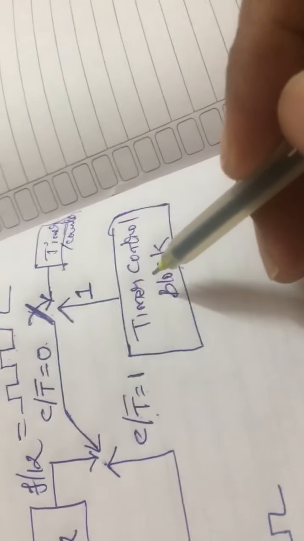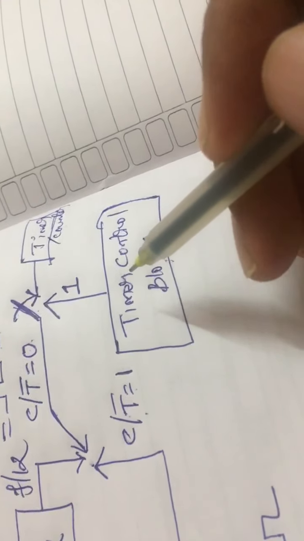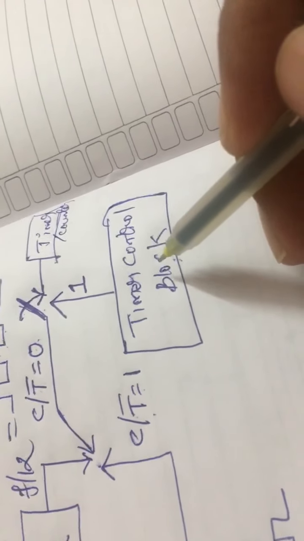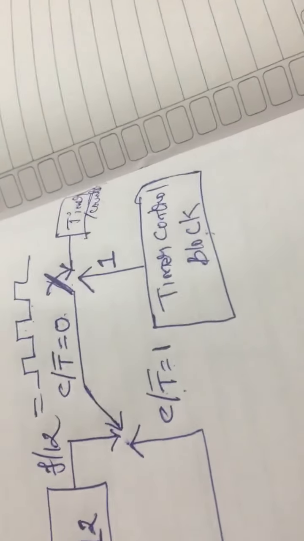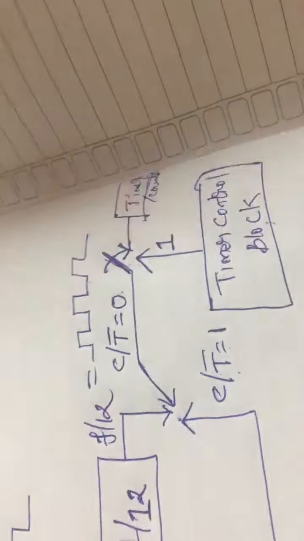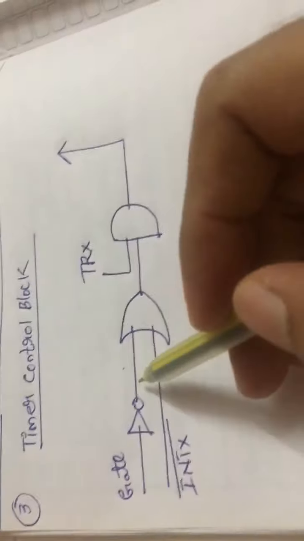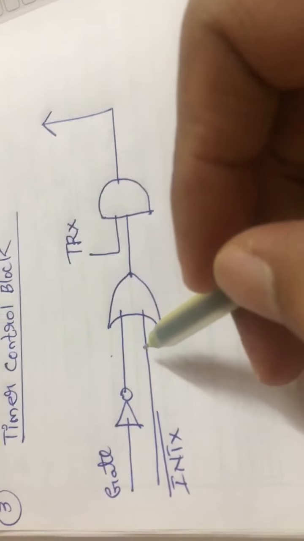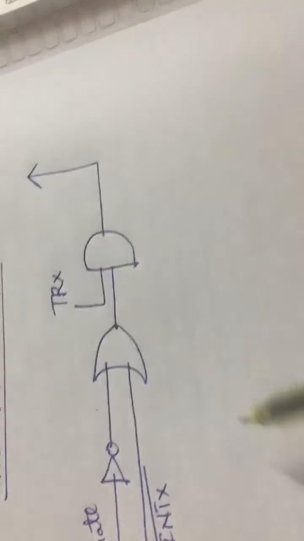Now we'll see what all the things are that are there inside this timer control block. That is nothing but the next topic, the timer control block. In this timer control block, we have three logic gates, right?